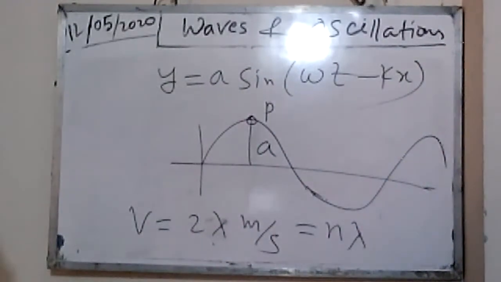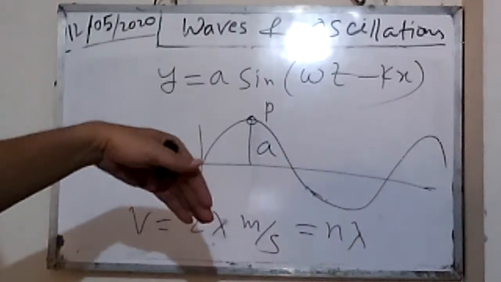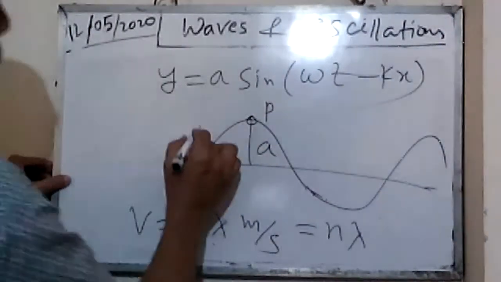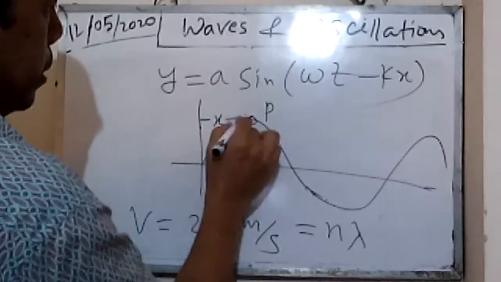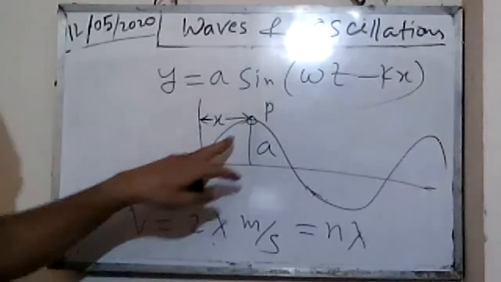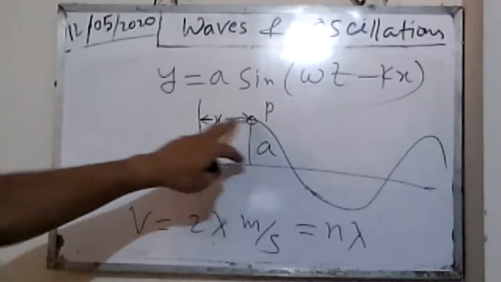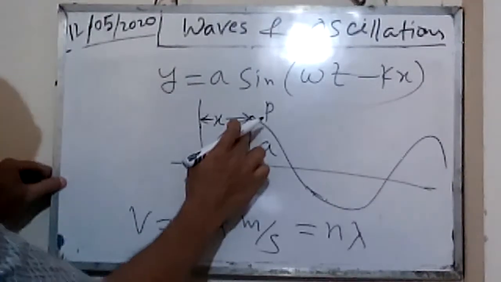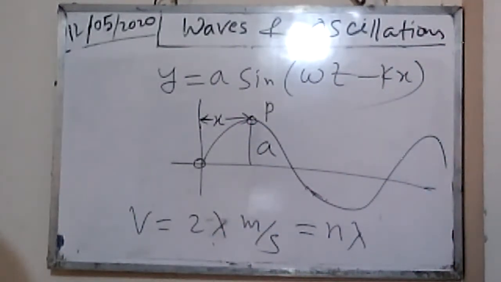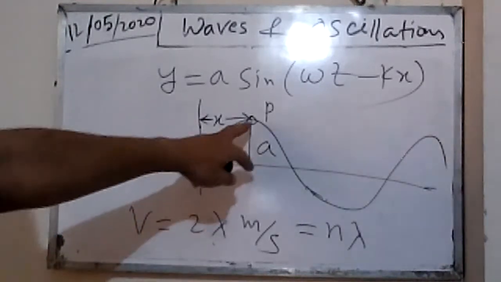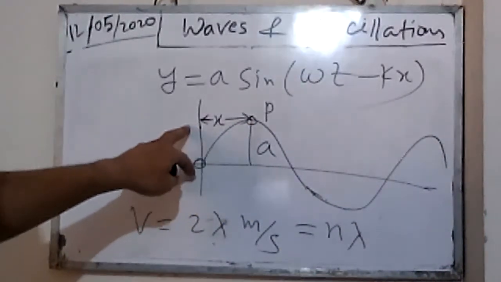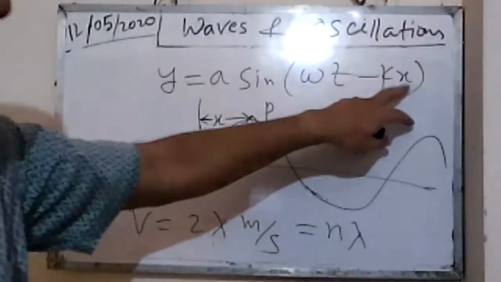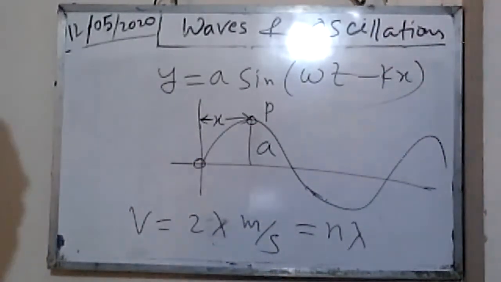It will be convenient to consider this particle for discussion. x is the distance of this particle from the first particle. This is the first particle, and this is any particle. You can decide any particle. The distance between the first particle and this particle is x.